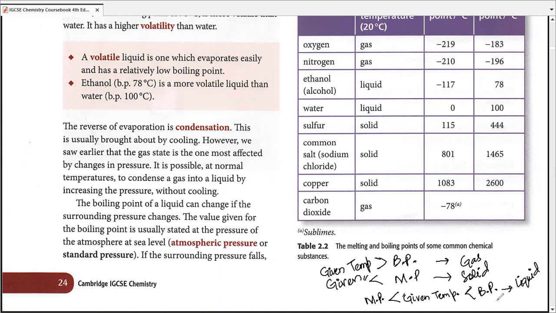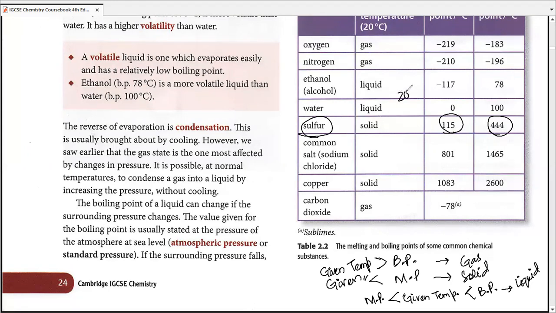And you can apply the same rule to this whole table. Take a look. Sulfur has a melting point of 115, a boiling point of 444.